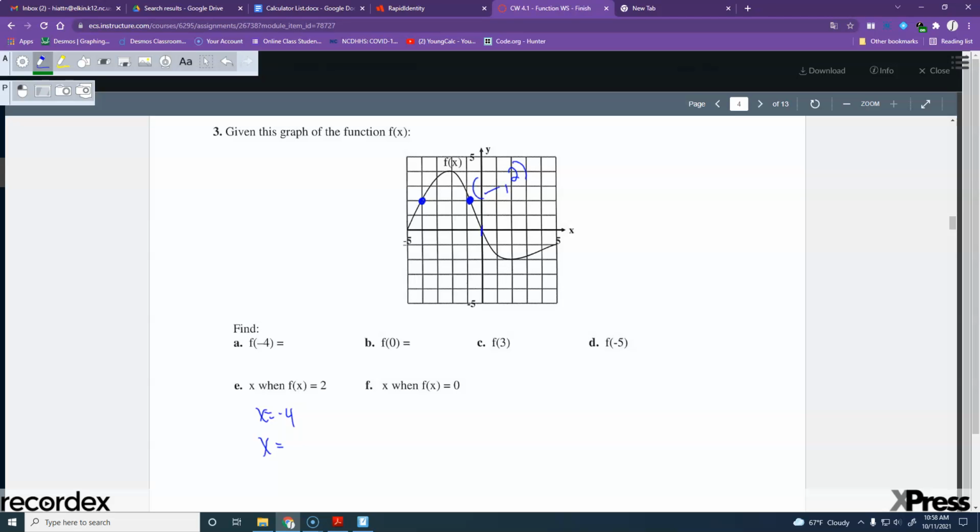If we're looking for our x-coordinate, this is 0, right? This is -1. We're somewhere between that, so what would you estimate? -0.8 is a good estimate. Something like -0.7, -0.5, that'd be fine too for estimating.